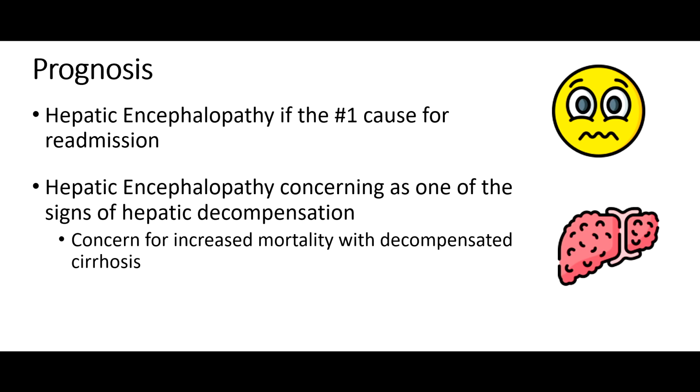The other thing is that hepatic encephalopathy shows that someone has shifted from stable chronic liver disease, compensated cirrhosis, where people tend to be pretty stable, to being decompensated. And while at least in the short term they may continue to be fairly stable if they respond to medications, it's portending that things are not going well.